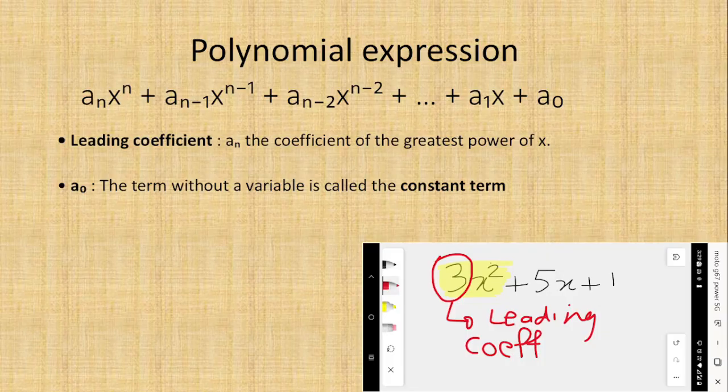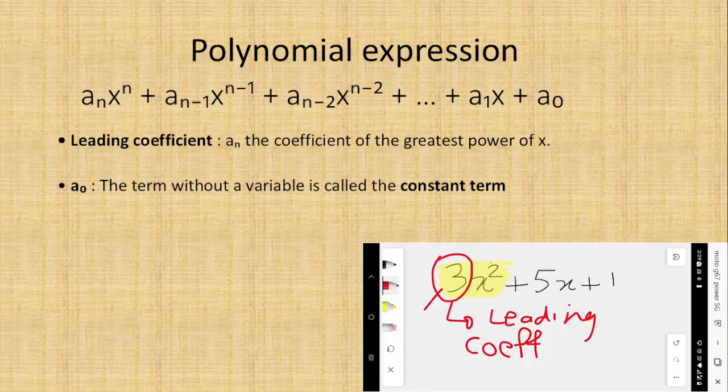Now this leading coefficient is very important because the sign of the leading coefficient is definitely going to determine some characteristic about the polynomial. So when we see the graphing of these polynomials, then we'll find that the sign of this particular leading coefficient is going to determine certain features of our polynomial curve.